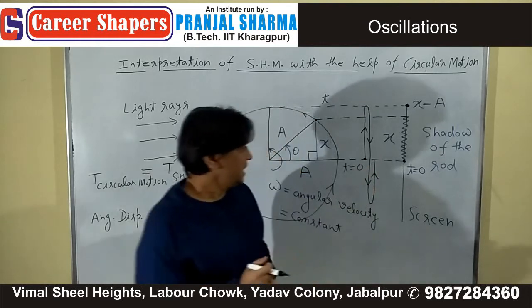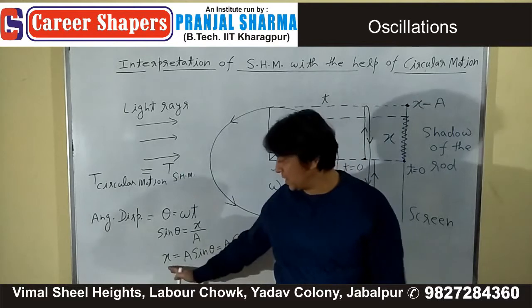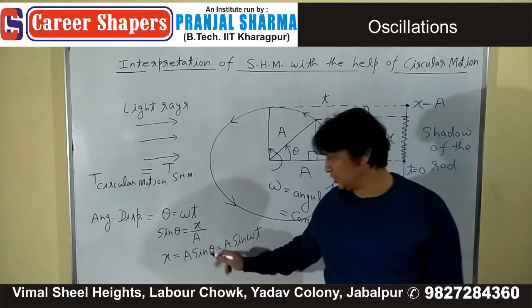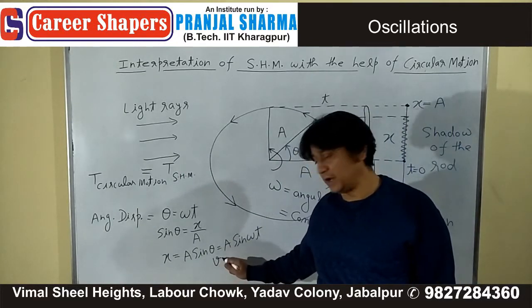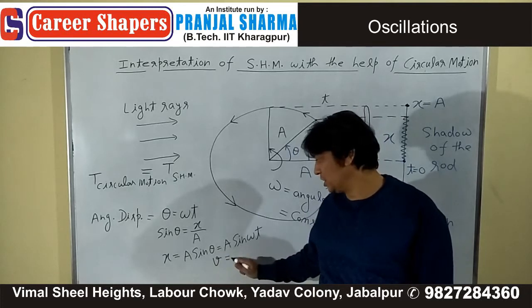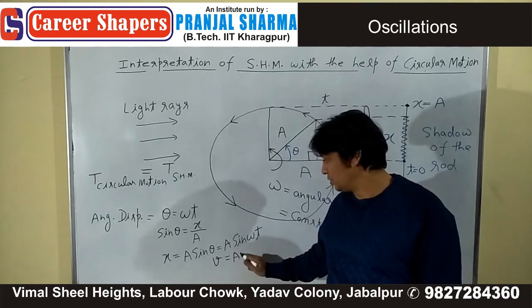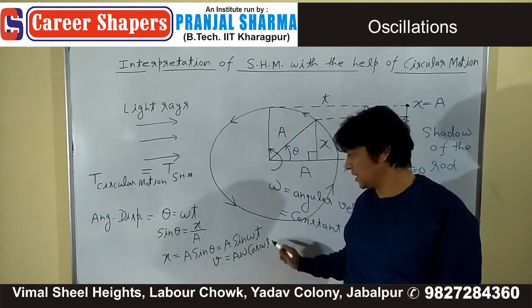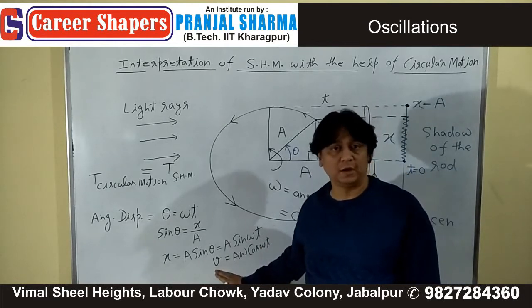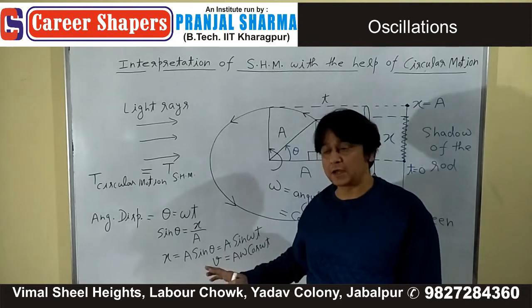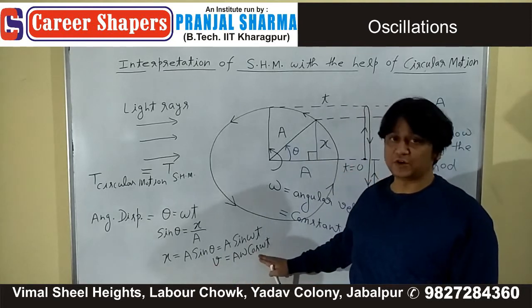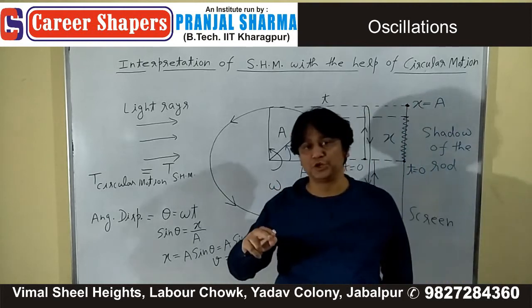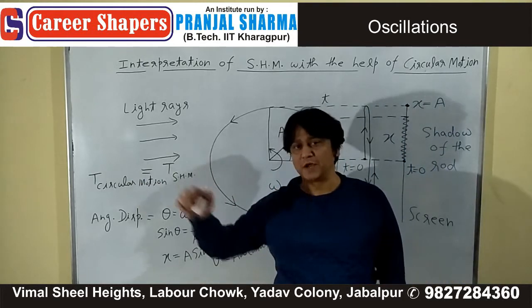Now, in simple harmonic motion, you know that x is this, and when you go for velocity in simple harmonic motion, you differentiate it and you get A omega cos of omega t. This v, you know, is not constant. It's a function of cos. At mean position, it is maximum. At amplitude, it becomes 0.